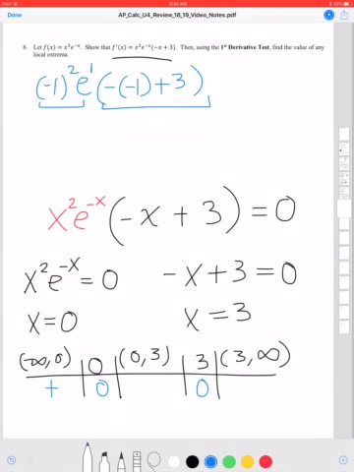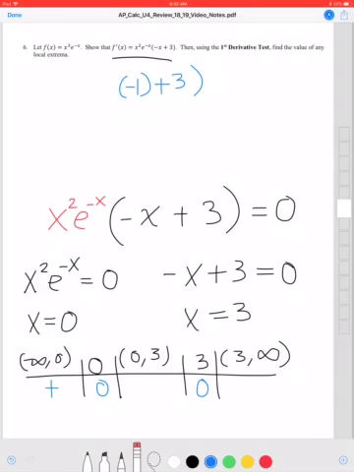I will get, let's see, this will be positive, and this will be positive, so this will be positive.